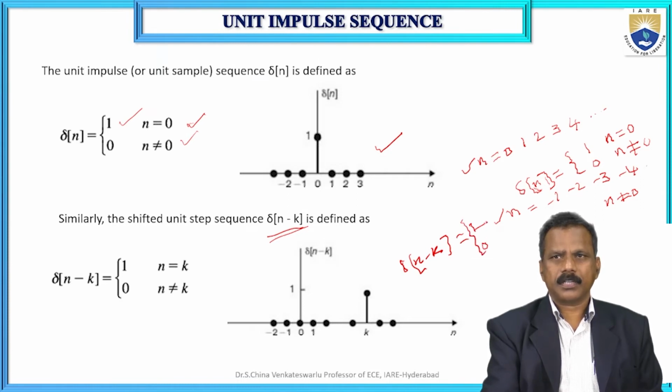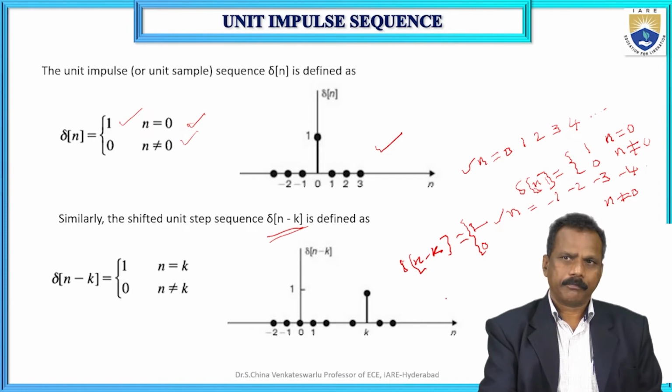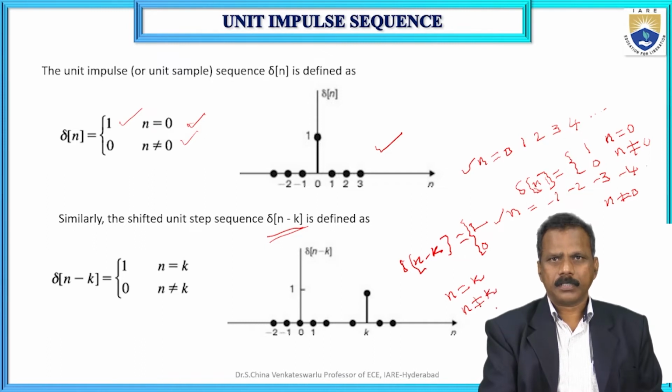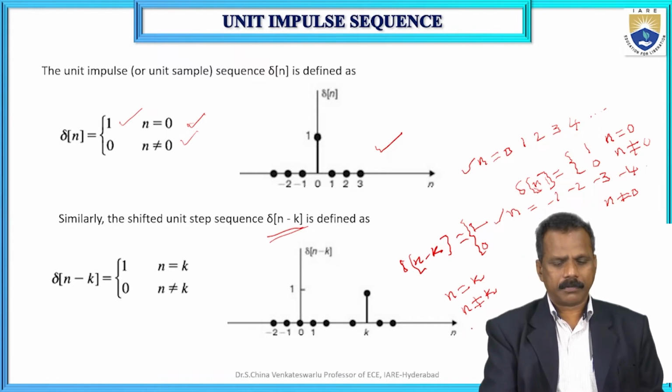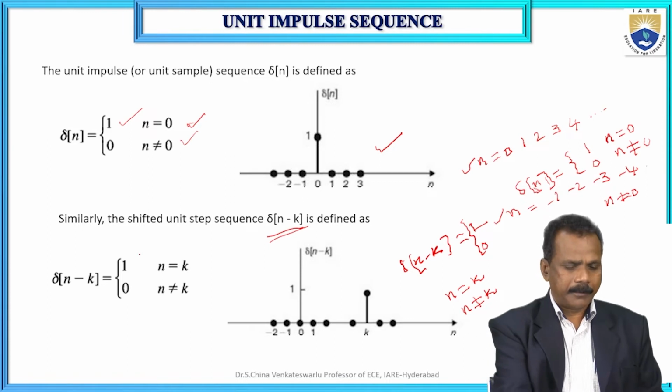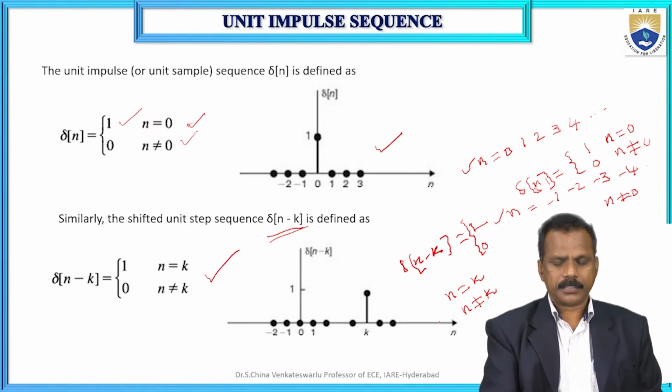First, the case n equal to k, and then the case where n is not equal to k. Within this, the shifted unit sequence delta of n minus k is defined as delta of n minus k, and this is the mathematical definition.